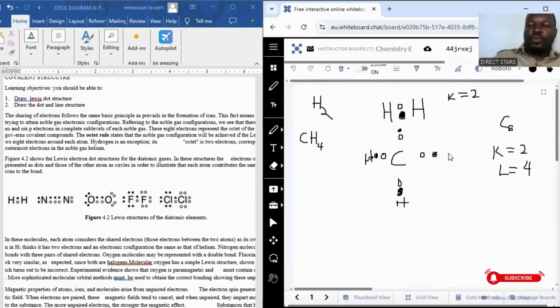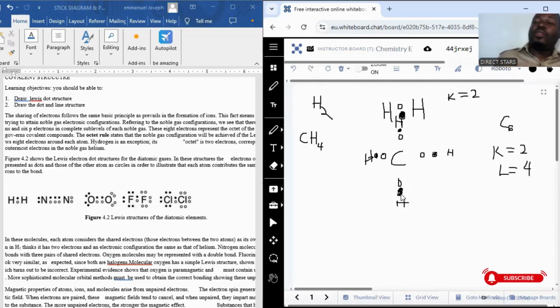With this now, you would notice something. The carbon has reached its maximum state here. Look at the L shell, which was just 4 before. Now it has 8, which is the maximum it needs to get to. 1, 2, 3, 4, 5, 6, 7, 8 on the carbon atom. And the hydrogen also has 2, because when they share the 2 shared electrons, none of them can lay claim completely to them.